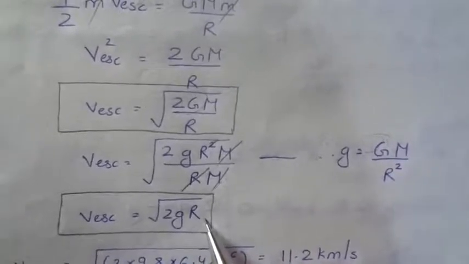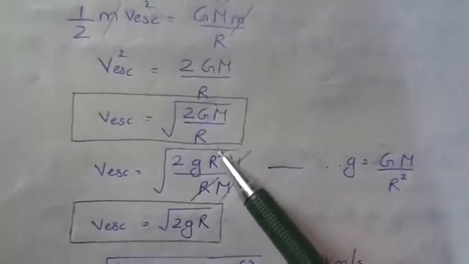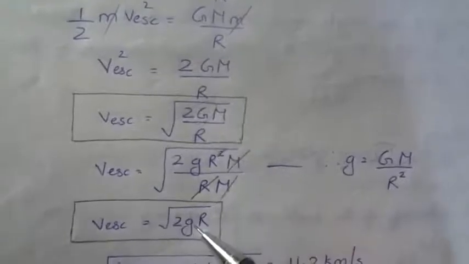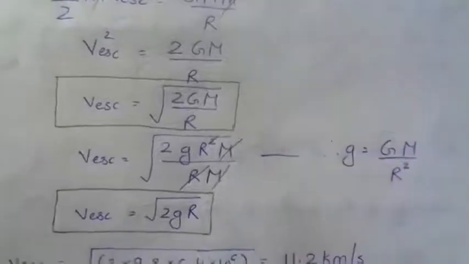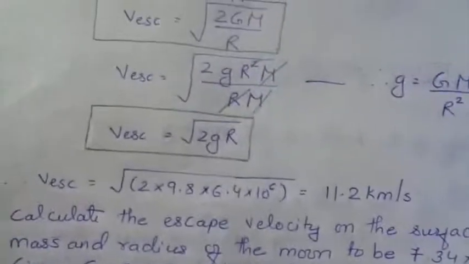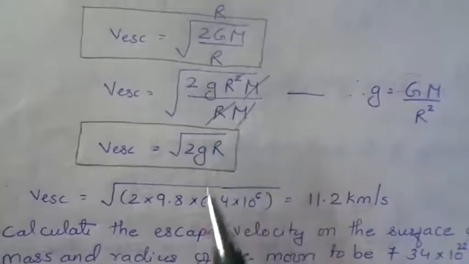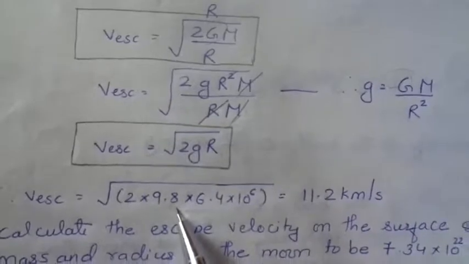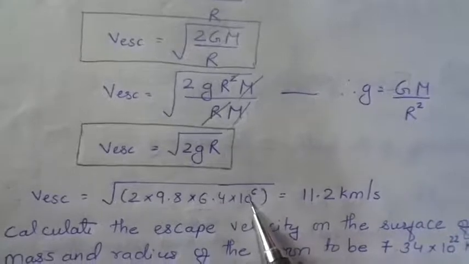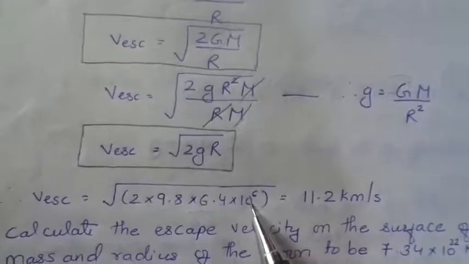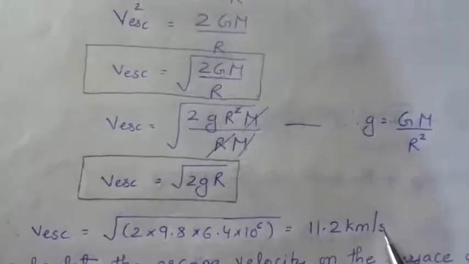According to the numerical problem, you have to think whether you have been given the mass or g, the gravitational g, and accordingly use the formula. Here is one calculation shown, v_escape for the Earth, where we substitute g as 9.8 meter per second squared and the radius as 6.4 into 10 to the power 6, which comes up to 11.2 kilometer per second.